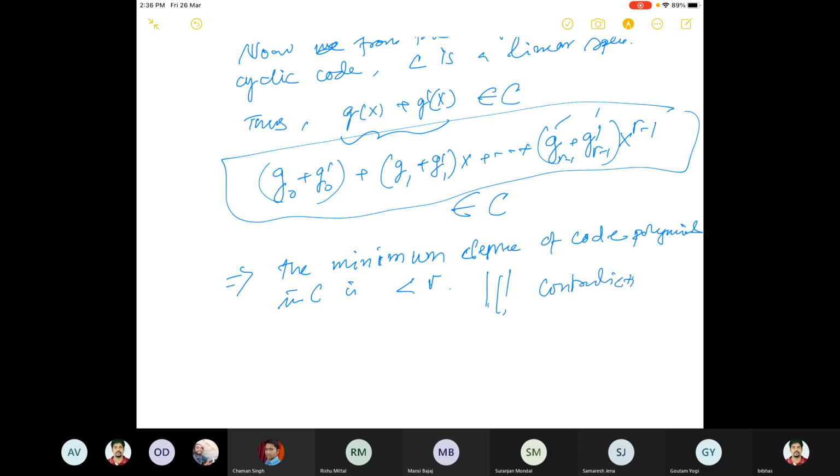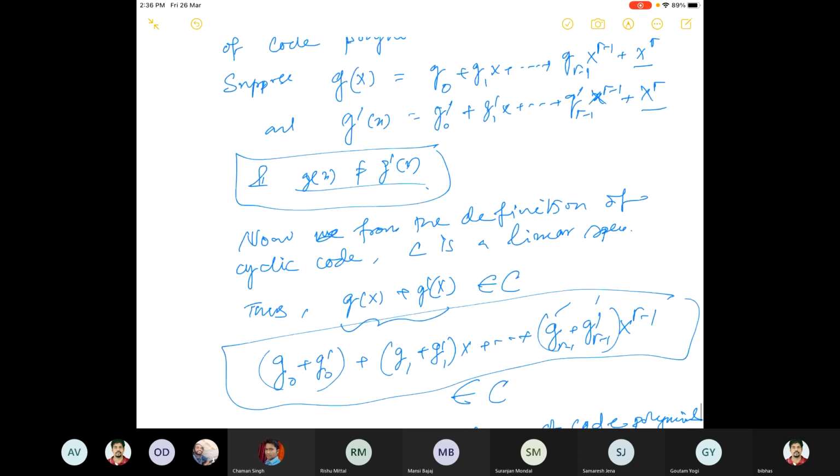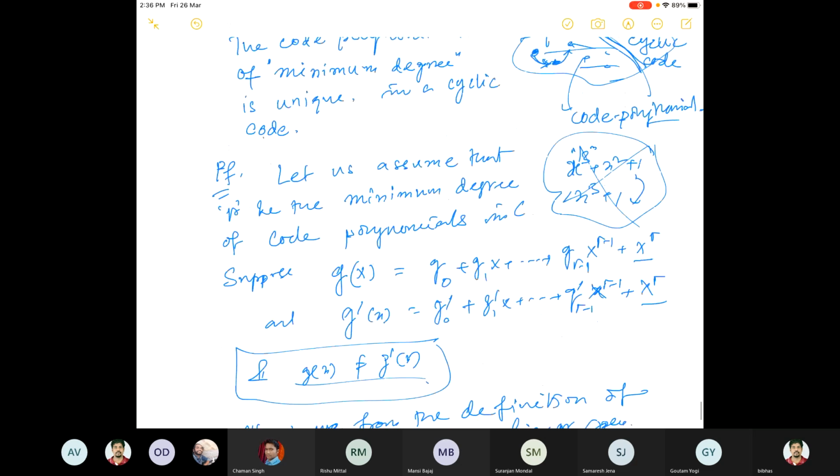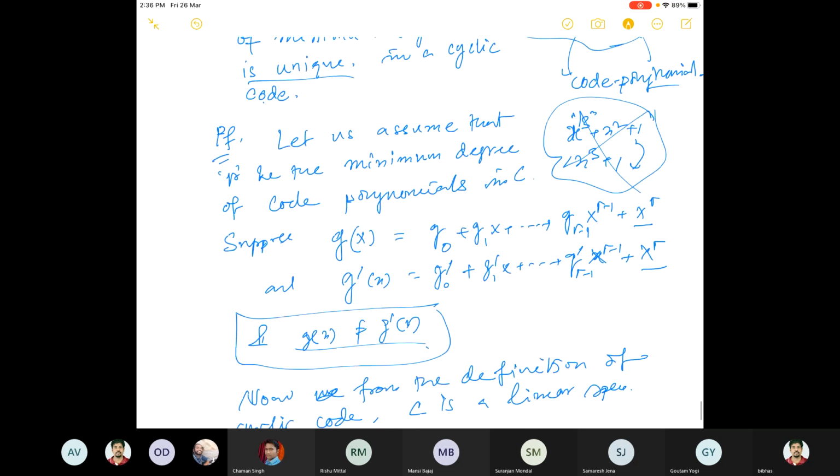Because we already assumed that the minimum degree is r. So that means there cannot be two such code polynomials. So it is always unique. This is the first result.